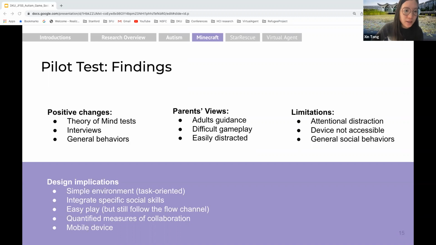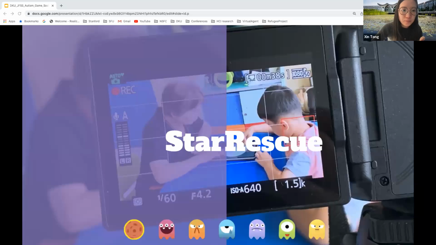Also, we need more quantified measures of collaboration, because right now it's only what parents responded generally in the interviews, and there are no existing psychological scales that can measure in-game collaboration. Last, mobile devices are preferable for parents to use at home.